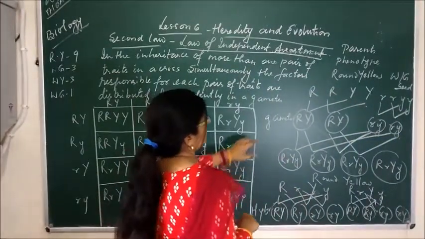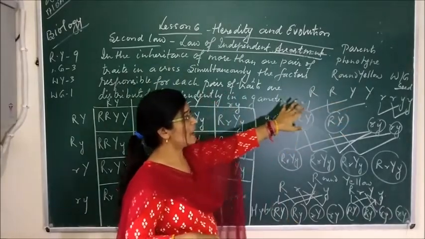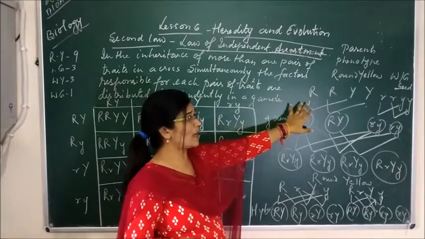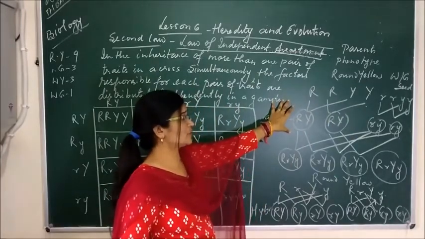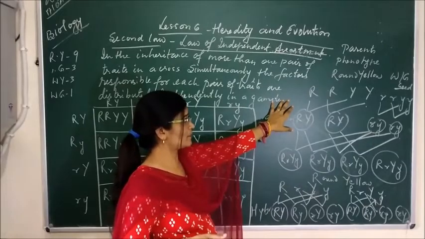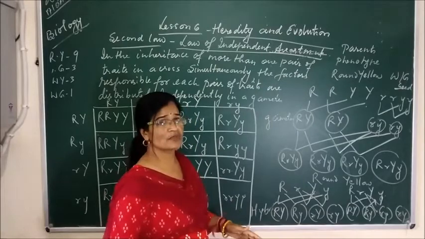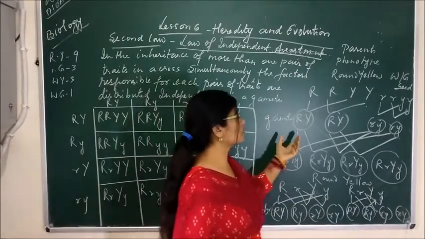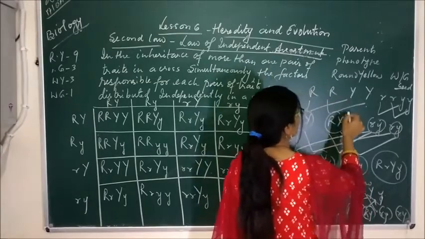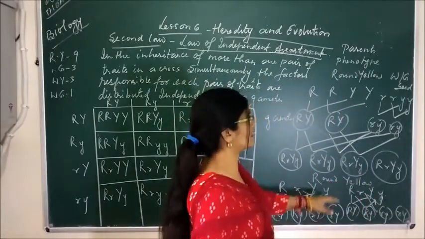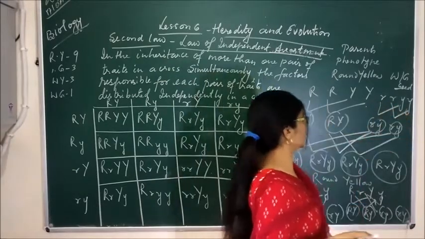The shapes he took were round and wrinkled seeds, and the colors were yellow and green. When he crossed these different pea plants, what did he find? In the F1 generation all the plants produced were round yellow, because round and yellow are the dominant characteristics, whereas the recessive characteristics are wrinkled and green seeds.